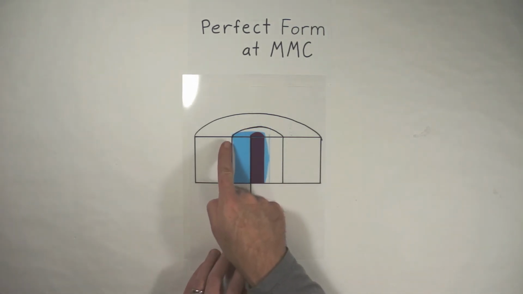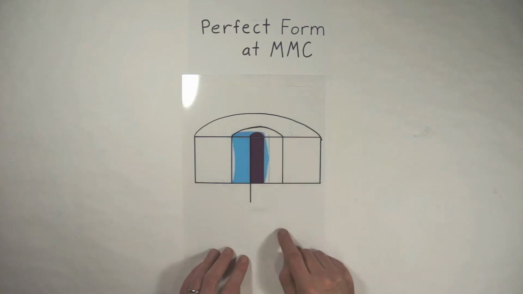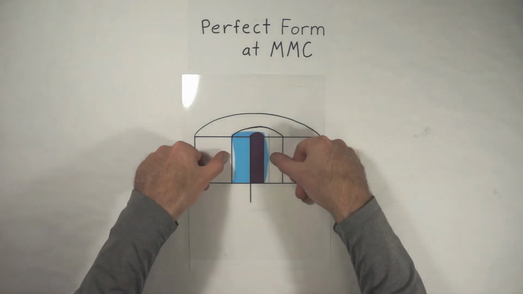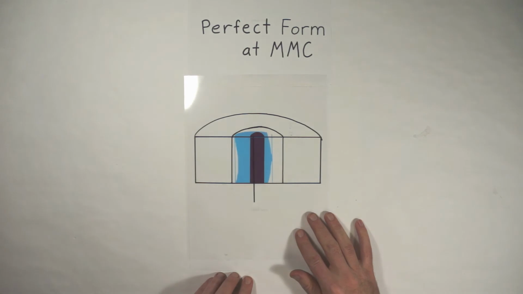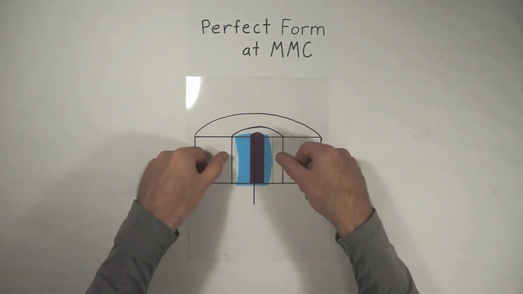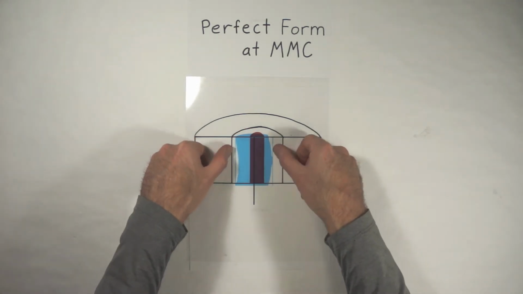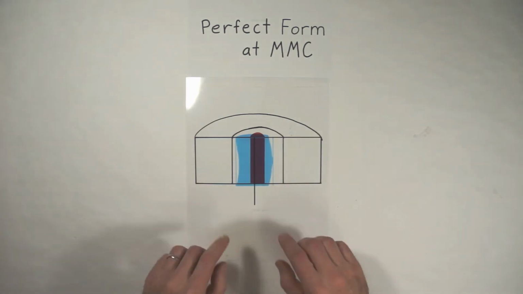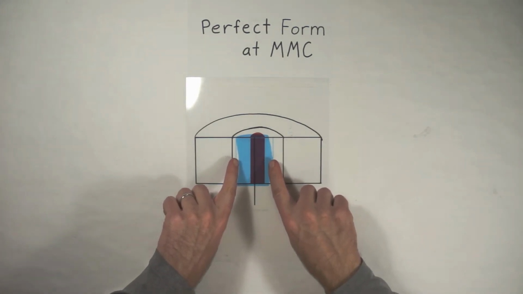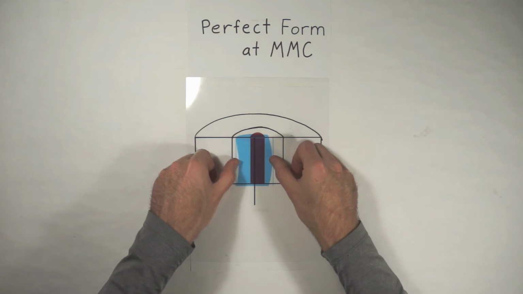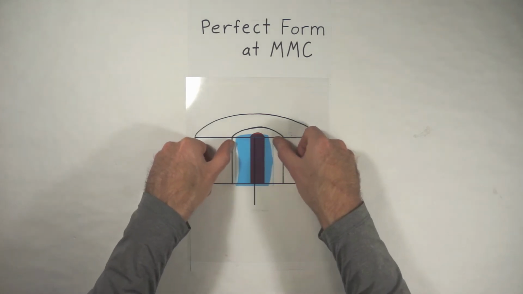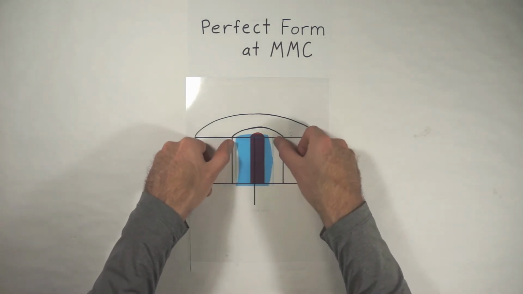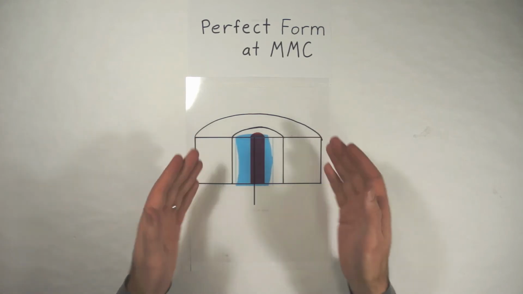And the pin can go ahead and be a banana shape as long as it doesn't violate that boundary. So you can think of this as a size and form sort of boundary. As the pin gets bigger, the closer it gets to that maximum material condition, the more perfect it has to be.